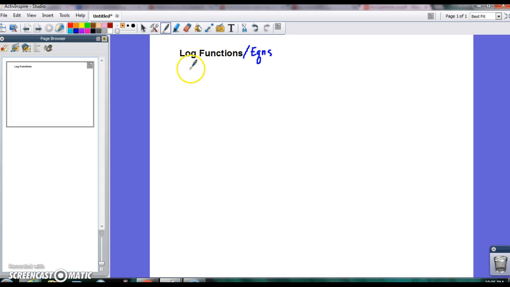Log is short for logarithmic. And logarithmic is just a fancy way of saying exponent. Truly, that's all it is. When you break it down to its simplest form, that's what it means. So let's first talk about an exponential equation.